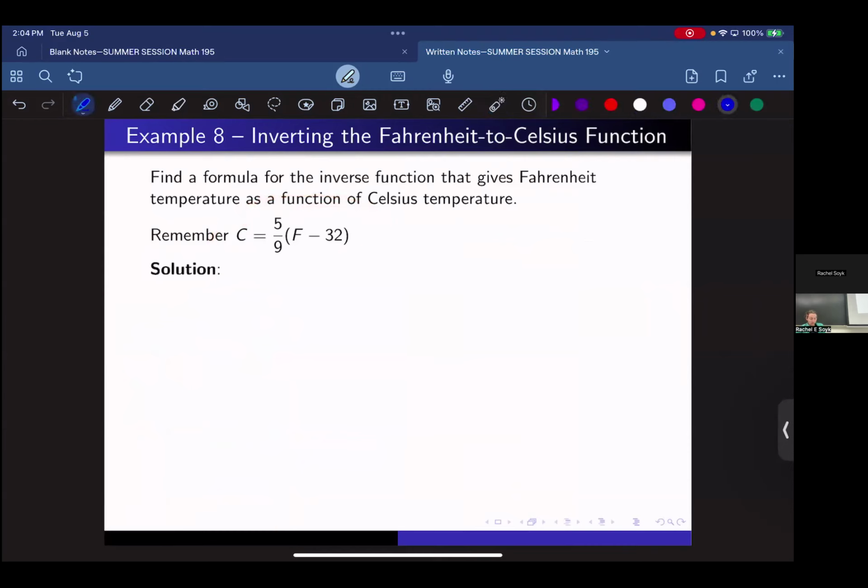So how do we do this? Again, swap your C's and F's. So we're now looking at F is equal to 5/9 C minus 32. And then you want to isolate your new C. Here, because 5/9 is a constant, I would divide both sides by 5/9.